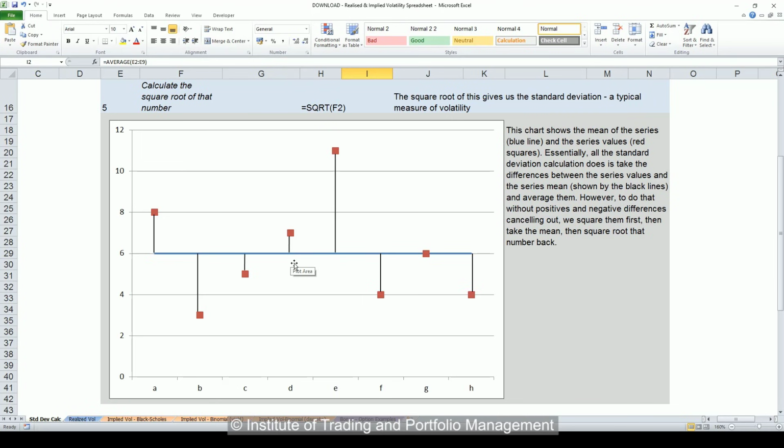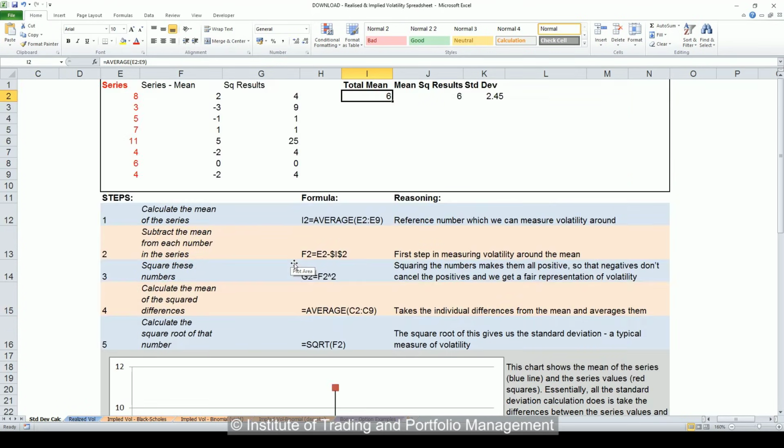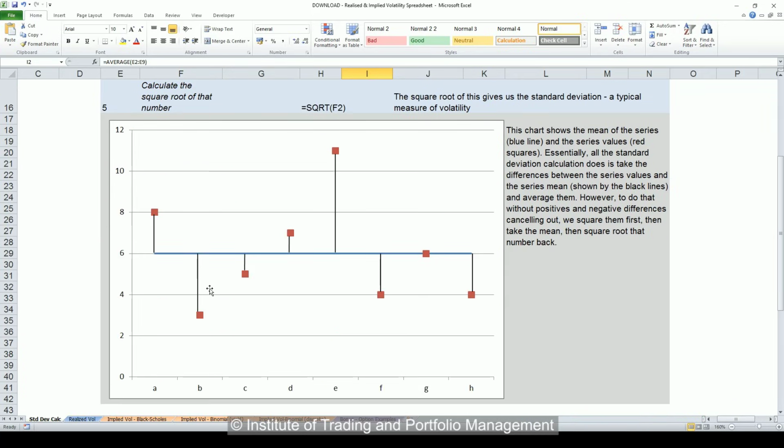So to go through that in a little bit more detail, you subtract the mean from each number in the series. Fine. They're your differences there for each point. The thing is, if you try and average those numbers now, you'll have some trouble in actually obtaining a decent value of volatility because they all net out when you add them up, okay? Because some are below the line and some are above the line. So obviously they net out positive and negative values.